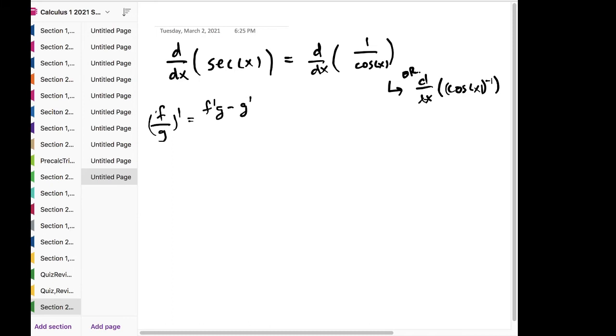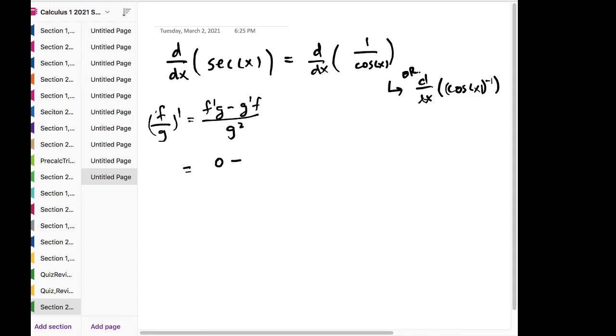I honestly think this is easier with the chain rule, which is just a word right now, but later we'll learn a rule that will make this easier. What's the derivative of 1? 0. Okay, so we don't have to care about g.